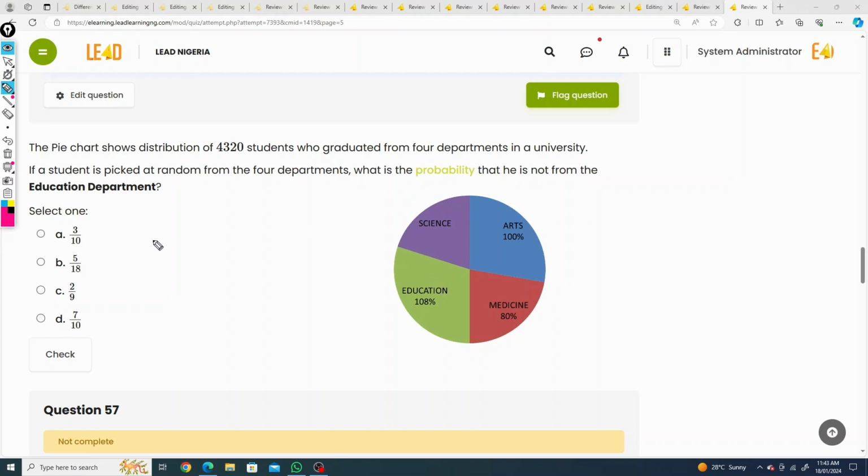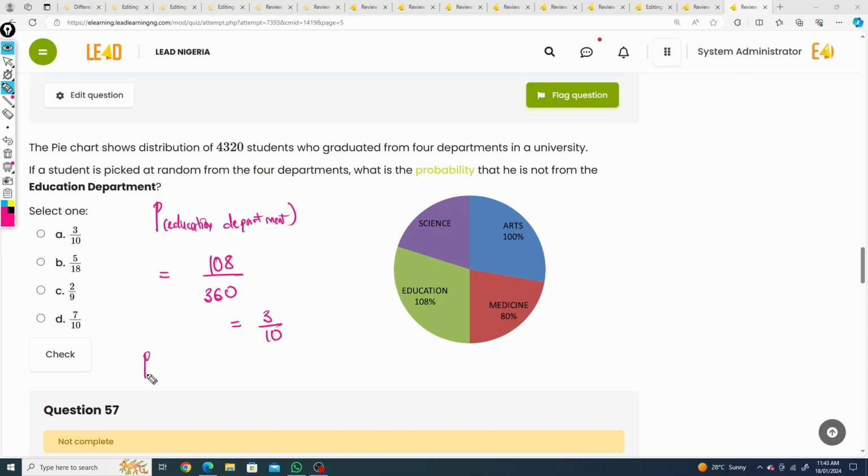Alternatively, you could also use the complement, or the negation. You could say not from the education department, so you could find the probability of education department, and then find the negation of that, which would just be 1 minus that. The probability of being in education department will simply be 108 over 360, which would give you 3 out of 10.